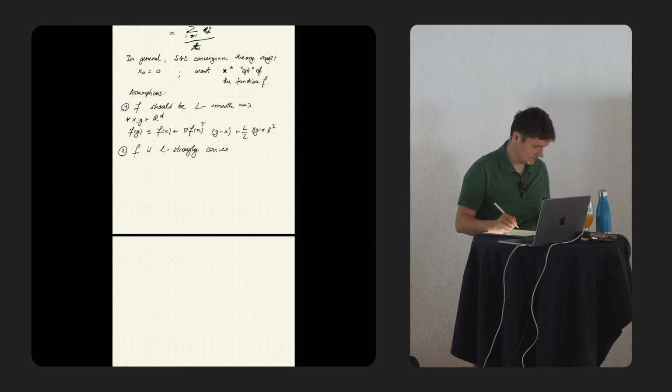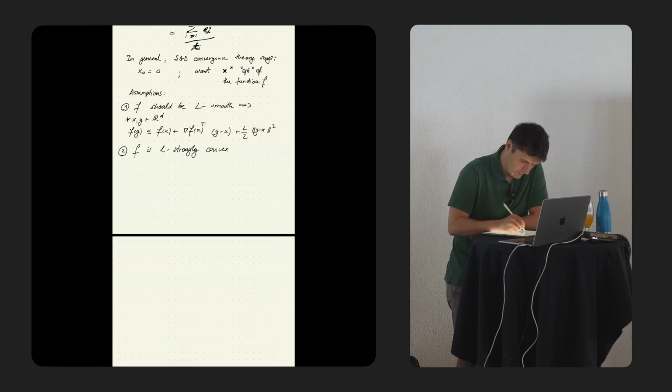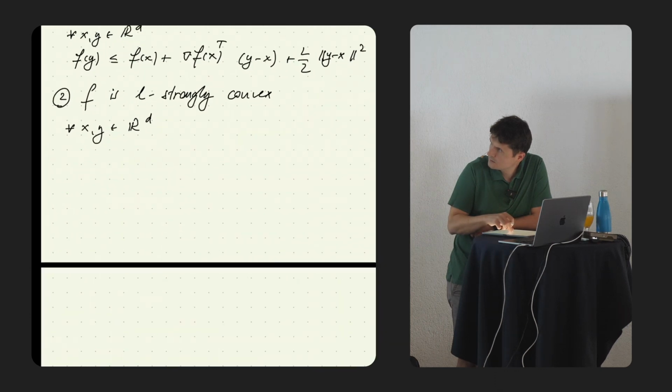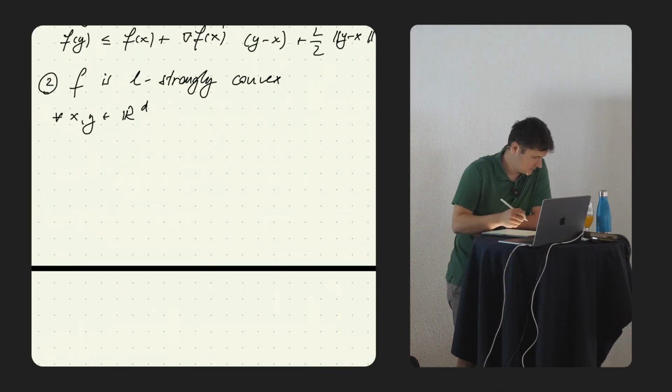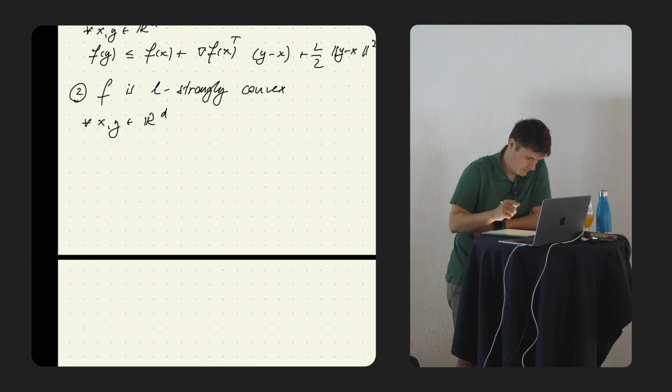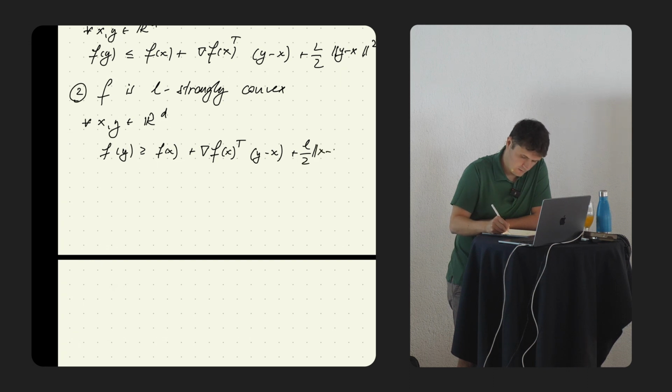What I mean by this is that for all x, y in R^d, f(y) is going to be greater than or equal to f(x) plus gradient f(x) transposed times (y minus x) plus l over 2 times the squared norm of x minus y.